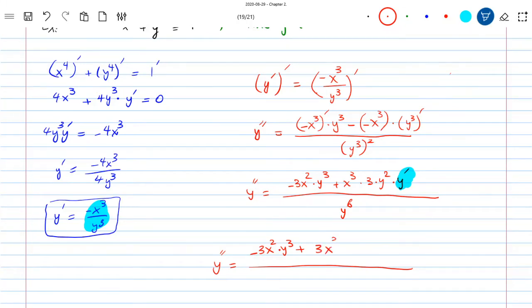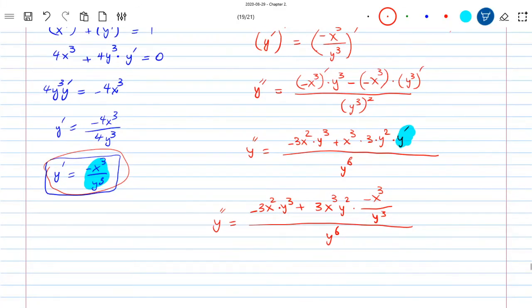Constant first is always a better notation. Y squared times, instead of y prime, we replace negative x cubed divided by y cubed, and divided by y to the 6. This should be the second derivative. There is no more derivative involved on the right hand side.